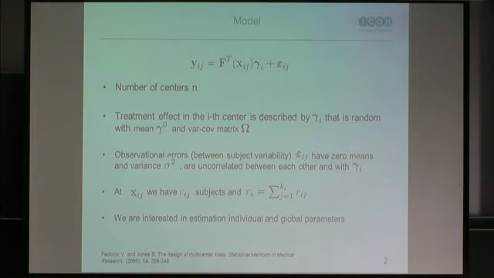I start with a very simple linear model, and only one thing I do differently, unlike a few people here: I do not introduce effects which are not random. All effects in my case are random, and if gamma has a normal distribution, it has some mean gamma 0 and some variance covariance matrix of this distribution. Right?